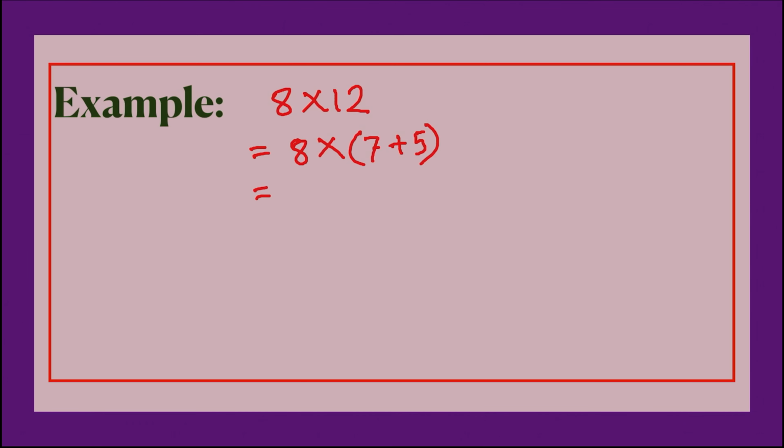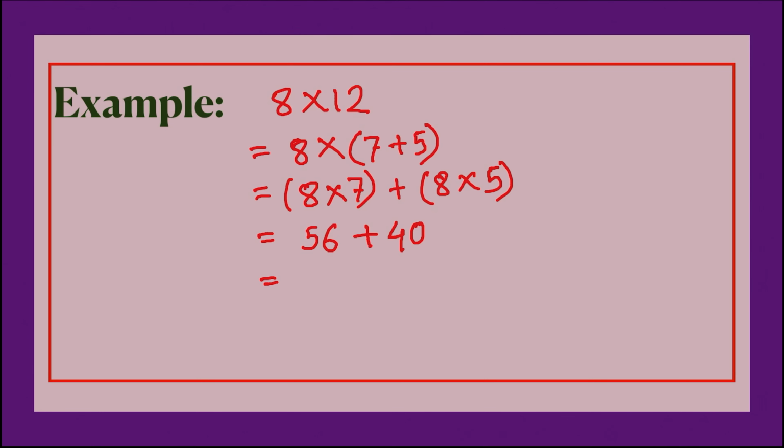So we can take here 8 multiplied by 7 and 8 multiplied by 5. We know the tables of 7 and 8 both, so we'll get here 56 and here we'll get 40. Now by adding those we'll get 96, which is the answer.